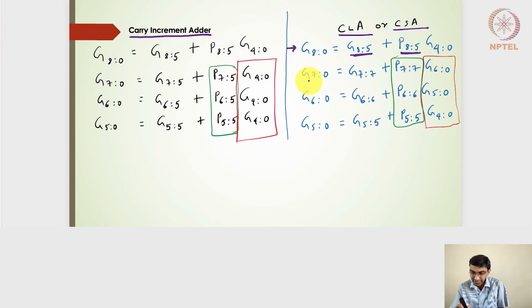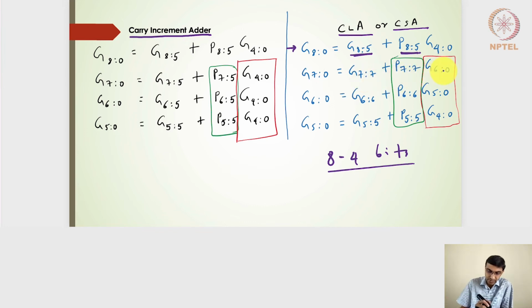But if I look into the other subsets of the carry out signals within the same group, the group of 8 to 4 bits, G5:0 is actually created from G5 OR with P5 and G4:0. Right, G6:0 is nothing but G6 plus P6 and G5:0. And G7:0 is actually created from G7 plus P7 and G6:0.